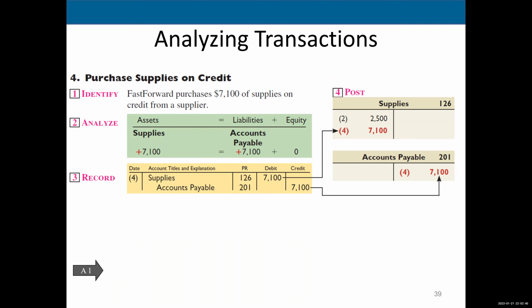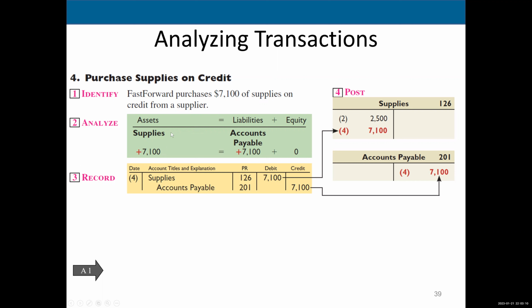We bought it on credit. Well, we know that supplies is going to increase, right? We're receiving the asset supplies, so plus 7,100. But we didn't pay for the supplies. So our liability goes up, specifically accounts payable. So accounts payable goes up 7,100.